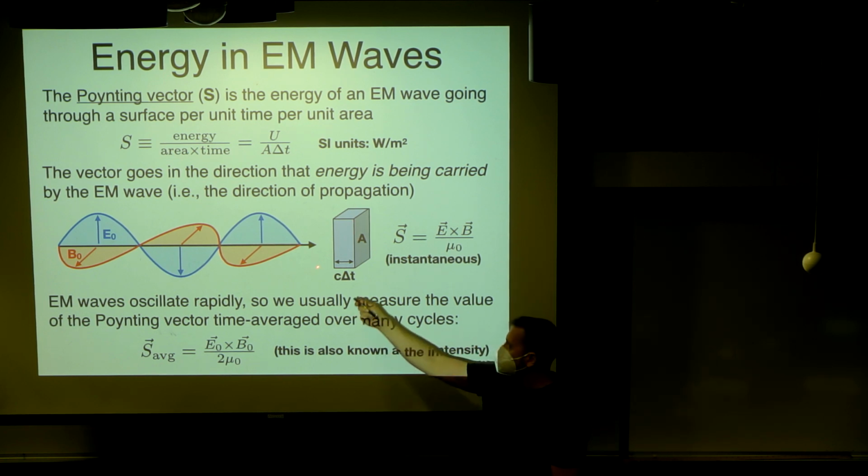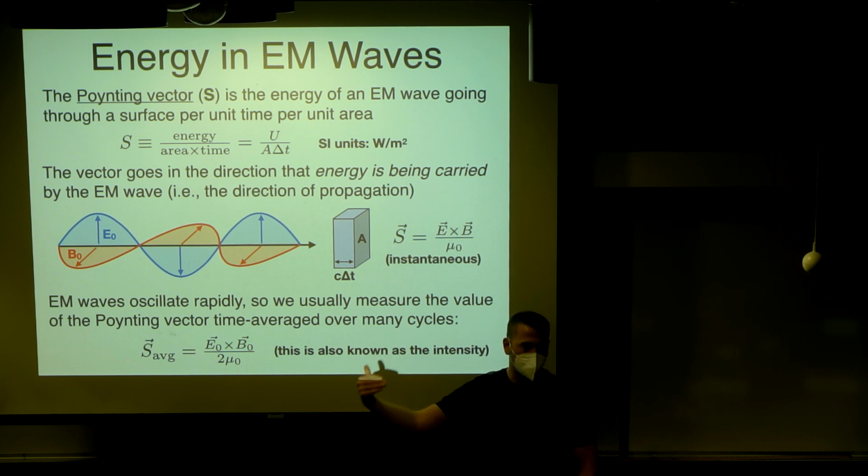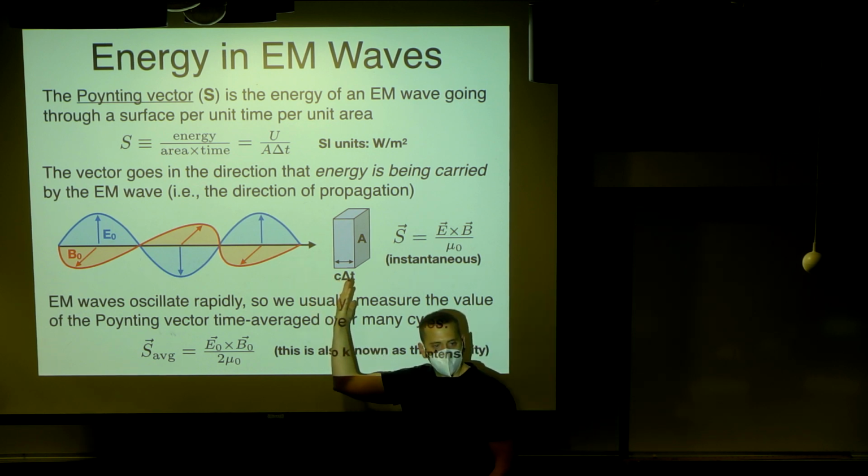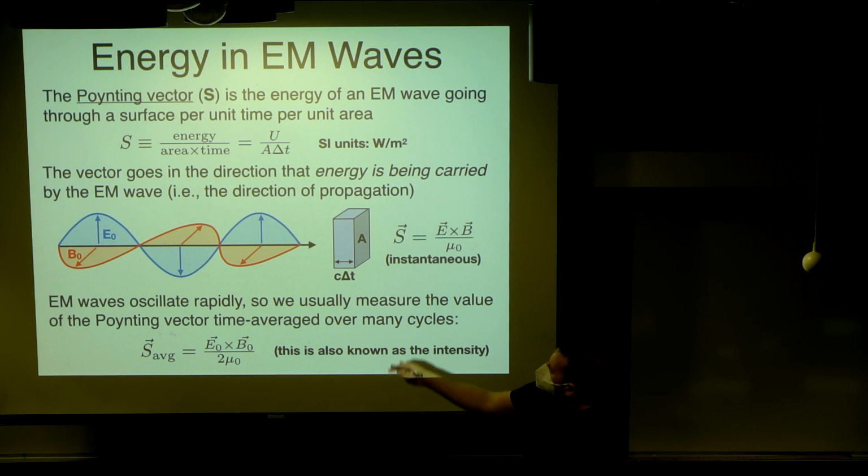It's going to hit this surface head on, right? And it's going to be going through the surface. So every second, let's say, every hour, every minute, whatever we want to use for time, there's going to be some amount of energy going through the surface, right? That's what we're going to call U, just the energy that travels through that surface.